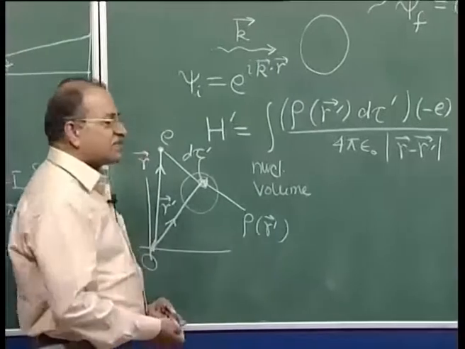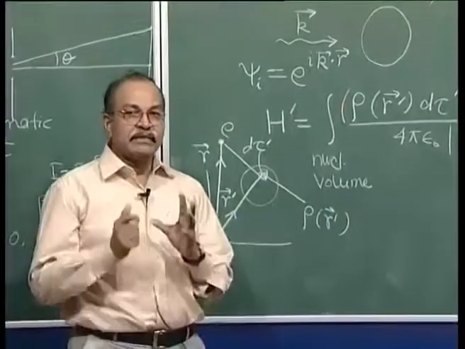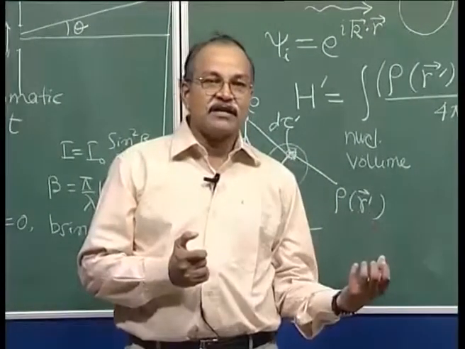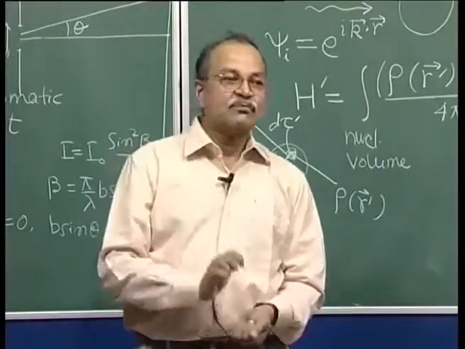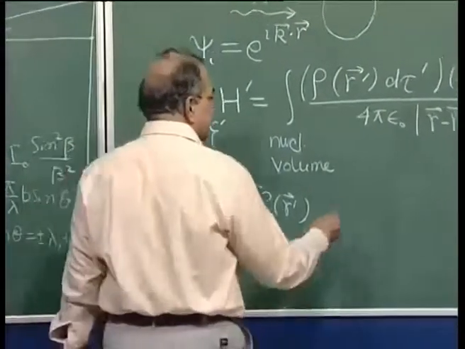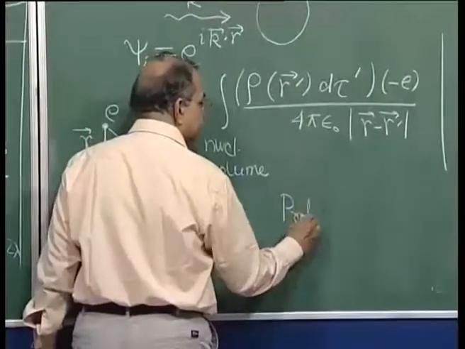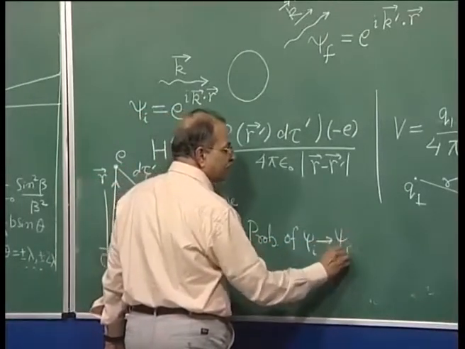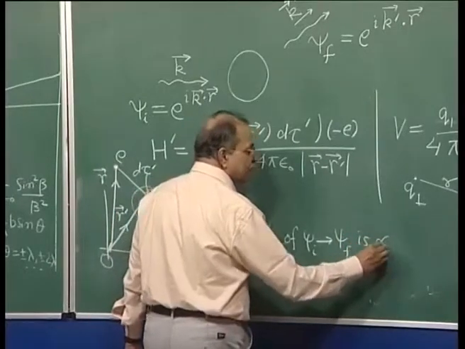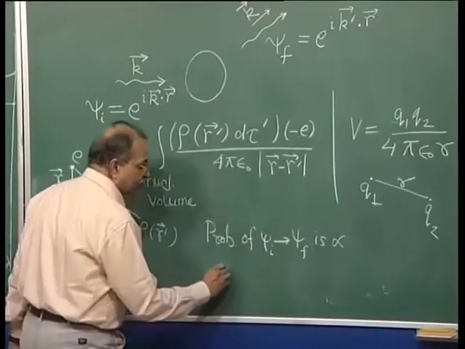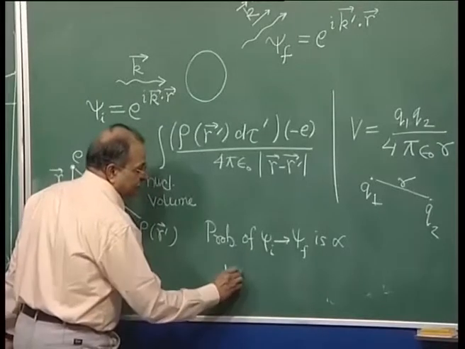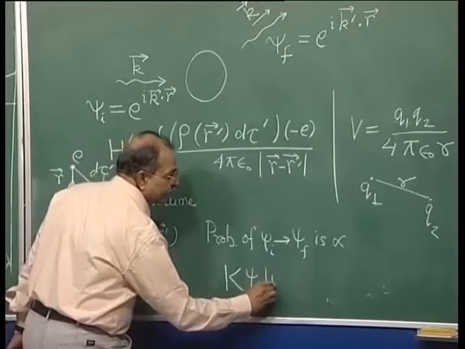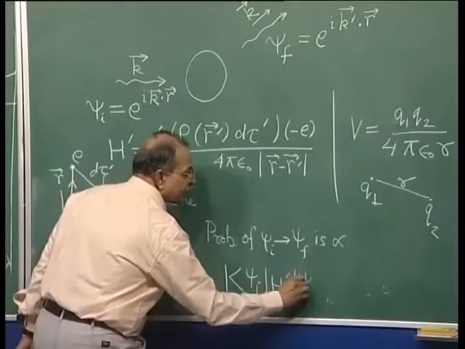Now, what is the probability? What is the probability that this interaction will change the wave function from psi i to psi f? Now, the quantum mechanics rules say that this probability of psi i going to psi f is proportional to square of a quantity, which we write as psi i h prime psi f.